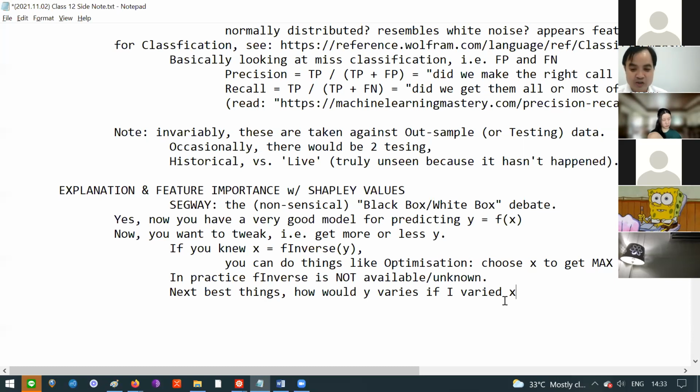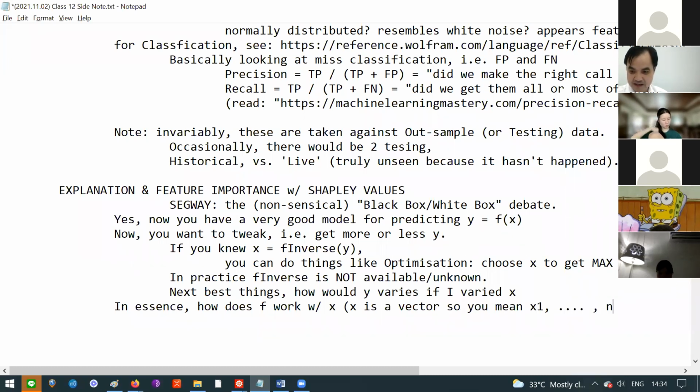So in a more general sense, in essence, how does F depend on, or how does F work with, X? Now remember, X is a vector. So you mean X1 to Xn. You don't mean a single X, right? So this is where explanation or feature importance comes in.